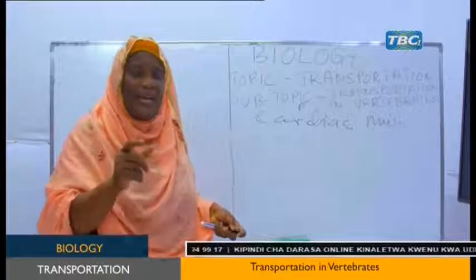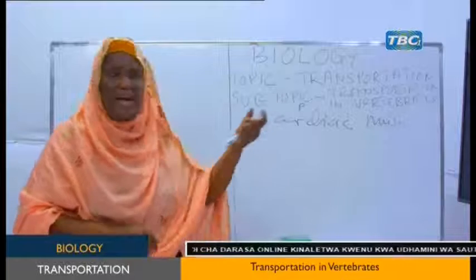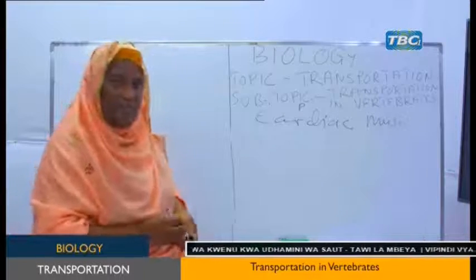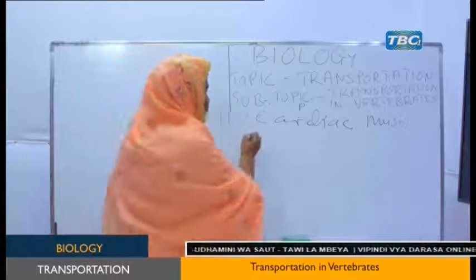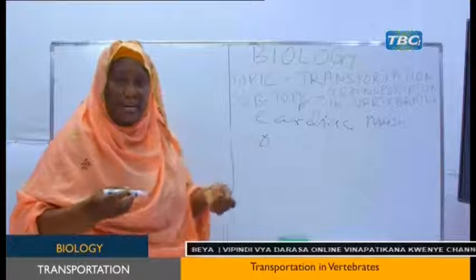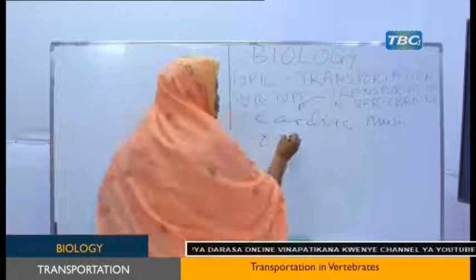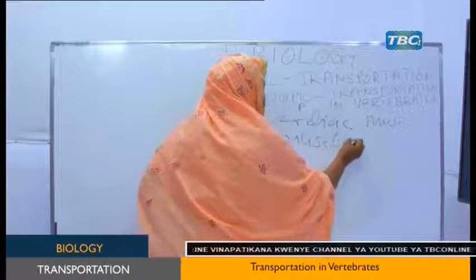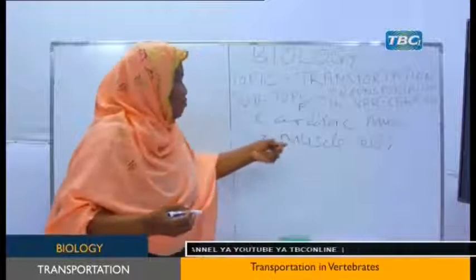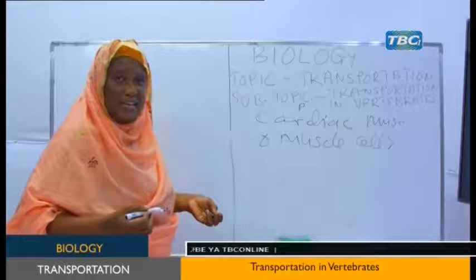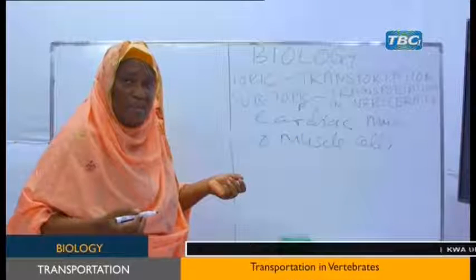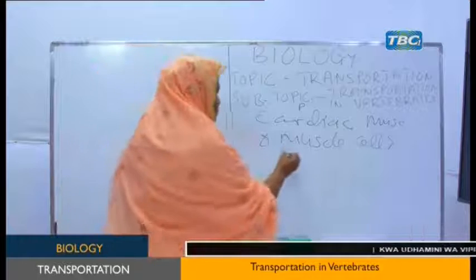And we can describe cardiac muscles as follows. First of all, they are made up of muscle cells. These muscle cells are also known as muscle fibers.